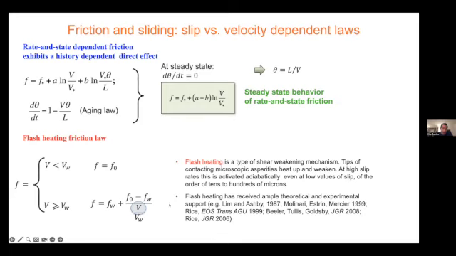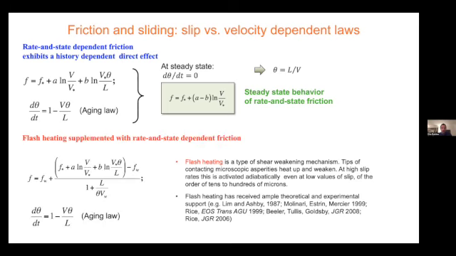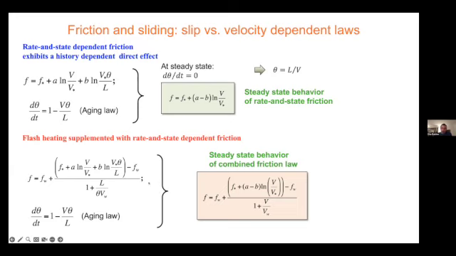In this form, this f naught could also be replaced by the friction coefficient given by the rate and state law. And so we can produce a combined version of the two laws. And also we get a steady state version of the law.